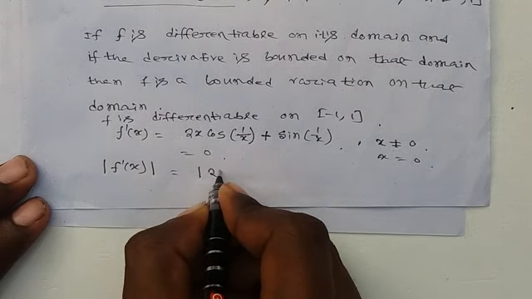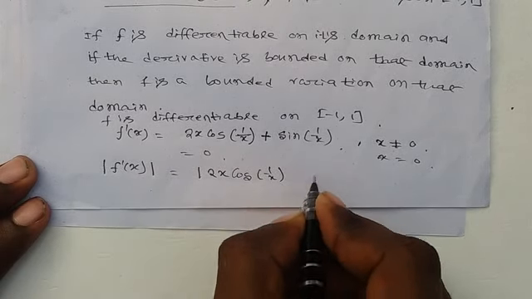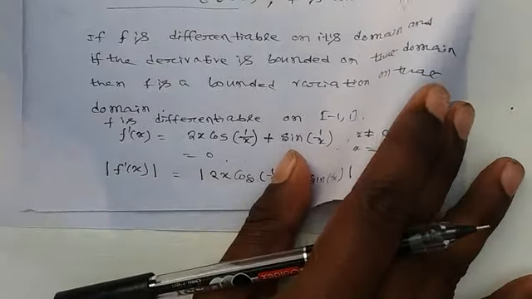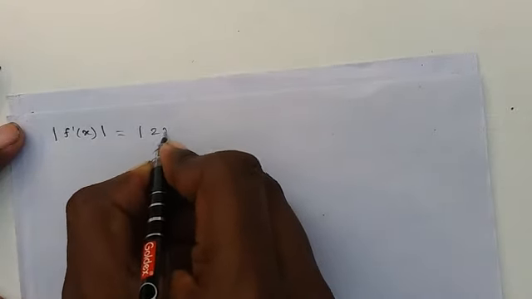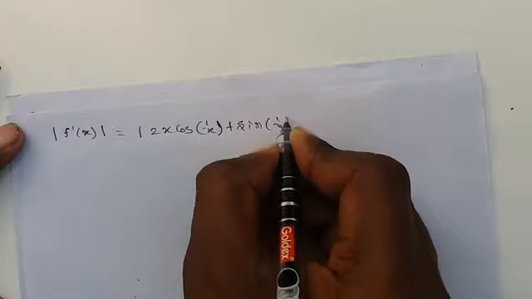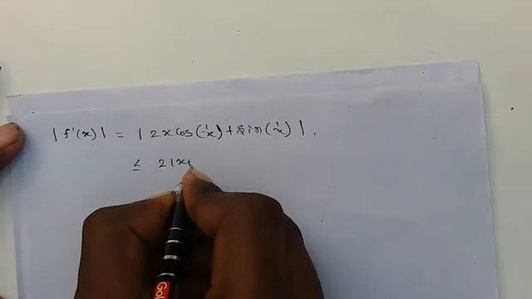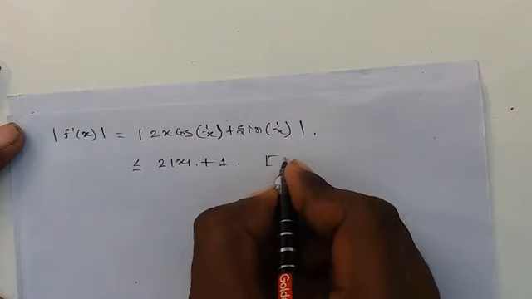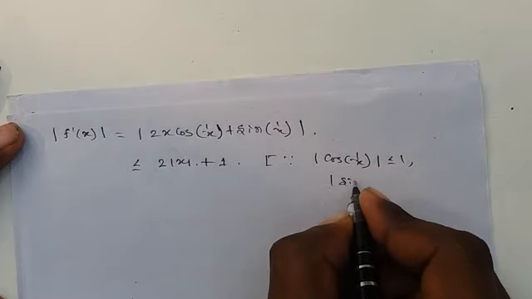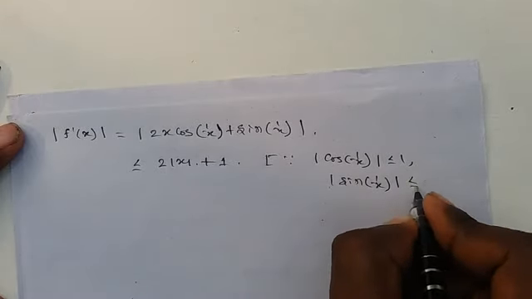Mod of f dash x equal to mod of 2x cos 1 by x plus sine 1 by x, which is less than or equal to 2 mod x plus 1, since mod of cos 1 by x is less than or equal to 1 and mod of sine 1 by x is less than or equal to 1.